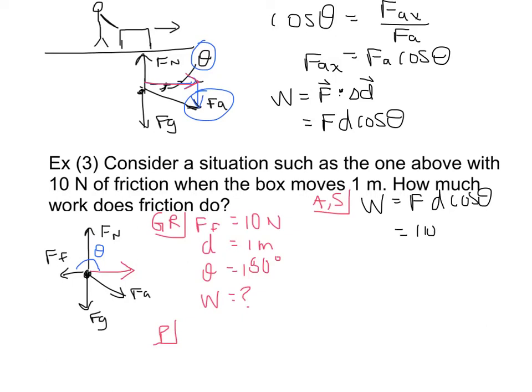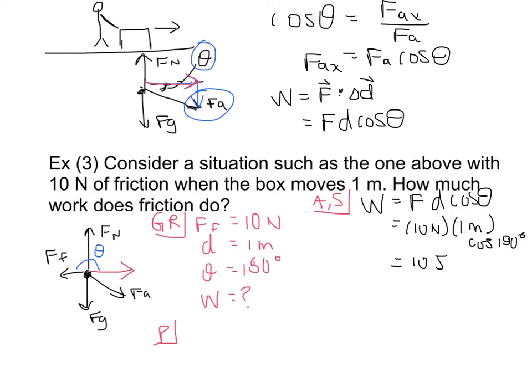Sorry guys, it's kind of terribly messy. I'll try that again. So we get 10 newtons times 1 meter times the cosine of 180 degrees, and 10 newtons times 1 meter gives us 10 joules.